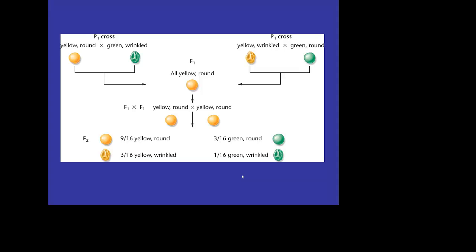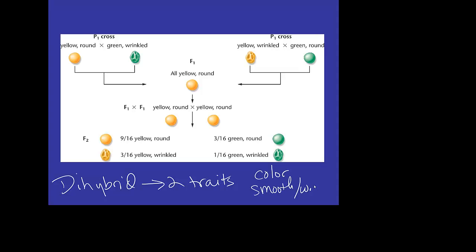Well, when we keep going, that was our F1 generation produced F2. This is actually something called a dihybrid cross. We'll get into these later, but this considers two traits. So in this diagram, they're actually considering whether or not the color is different and whether or not the peas are smooth or wrinkly.